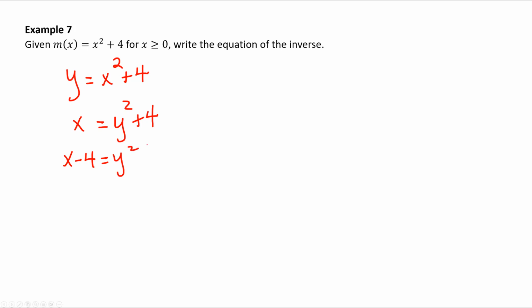And now we're going to take the square root on both sides. So the square root of x minus 4 is equal to y. And I don't have to put plus or minus because, like I said, we're only using the positive values here. So y is equal to the square root of x minus 4. So m inverse of x is equal to the square root of x minus 4.